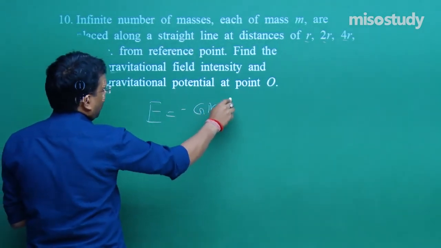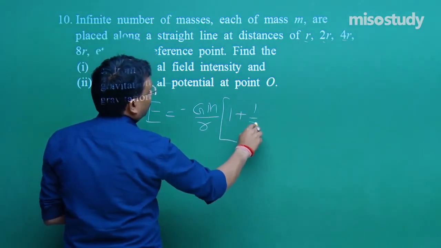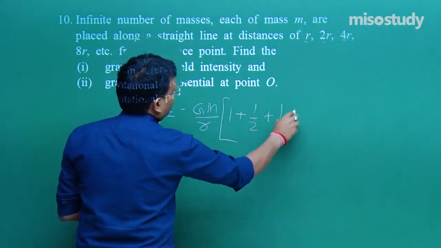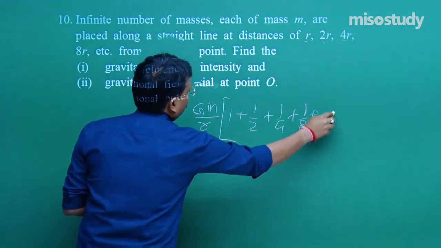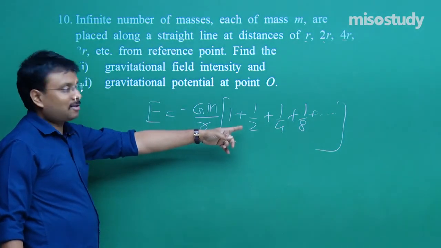Minus GM, take out r² and you get 1 plus 1/4 plus 1/16 plus 1/64 and so on. A series is forming in mathematics.